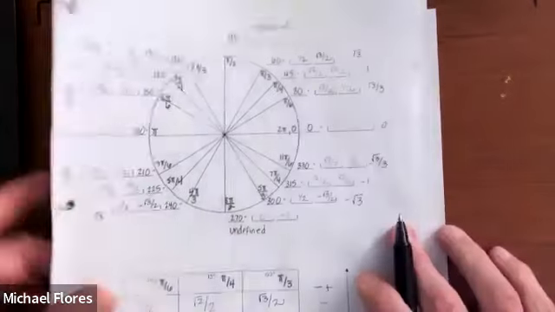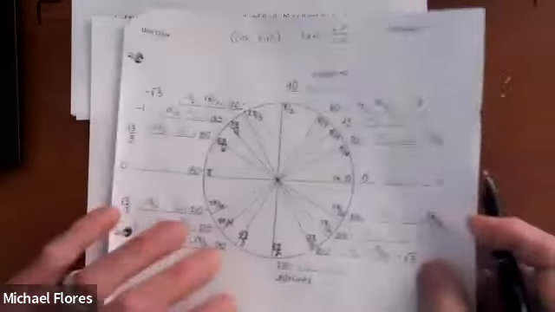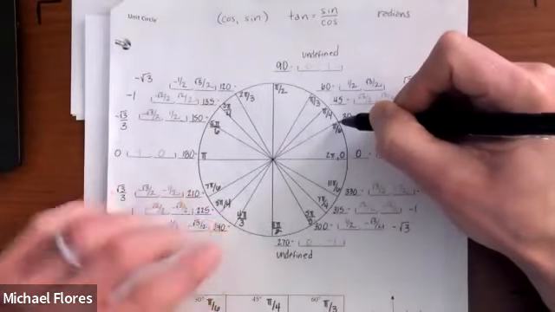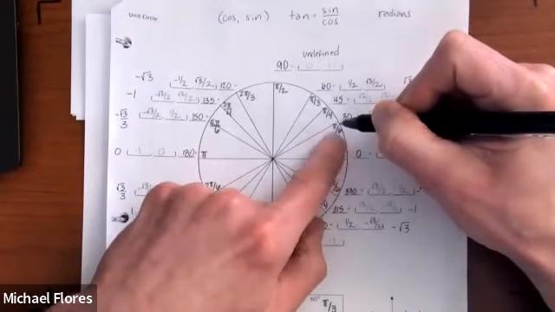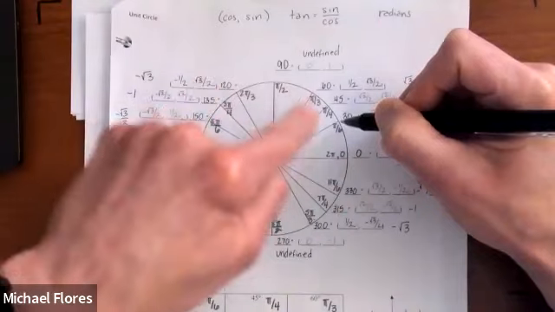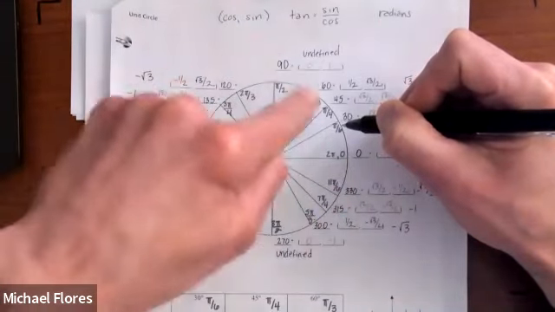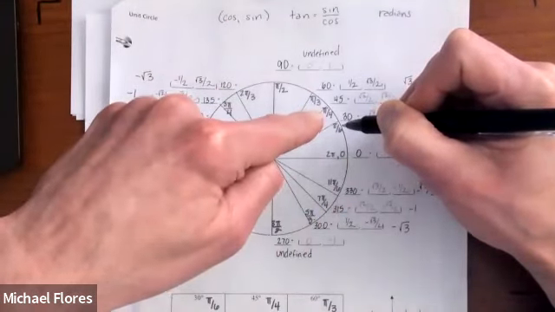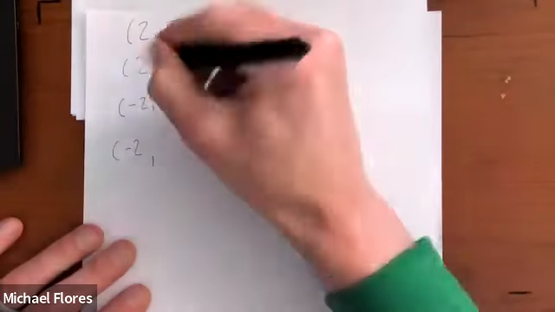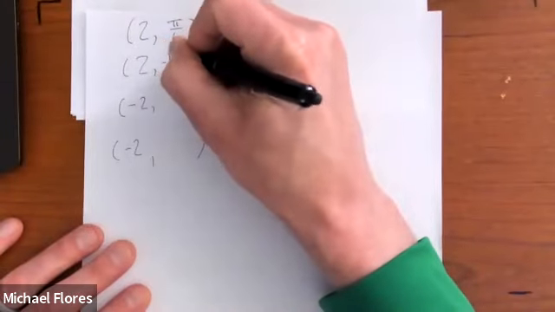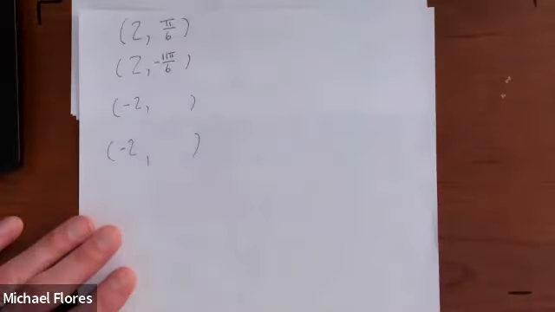If I'm going to use the other positive 2 and still use pi over 6 as a reference point, I don't want to go pi over 6 radians. I now want to go the opposite way, which would be a rotation of negative 11 pi over 6 radians. Negative 11 pi over 6.